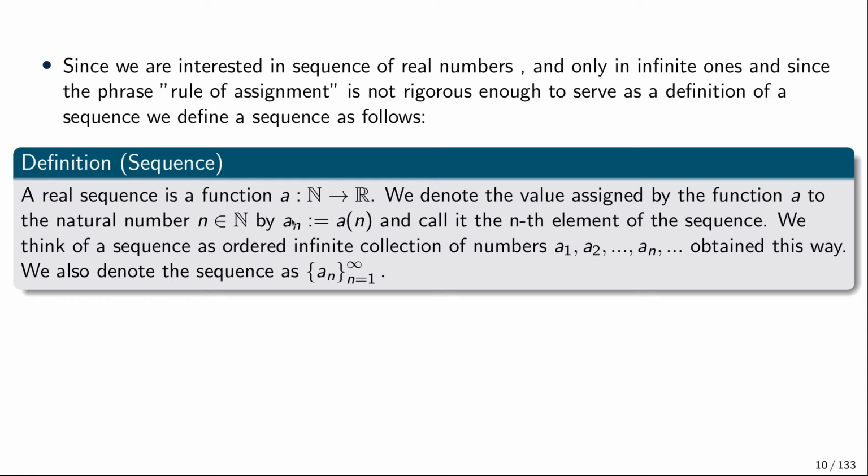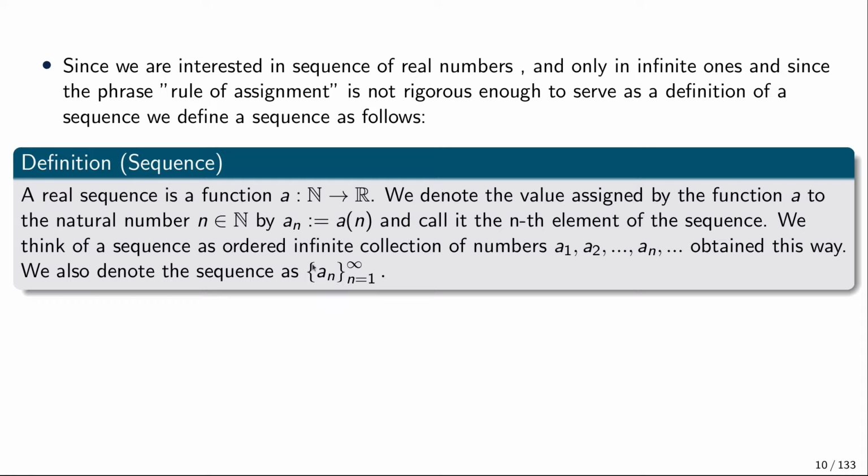We think of a sequence as this ordered infinite collection of real numbers in this case, a_1 up to a_n, and it goes indefinitely. This ordered infinite collection that is obtained by listing all the values of this given function is a sequence, and this is how we denote it.